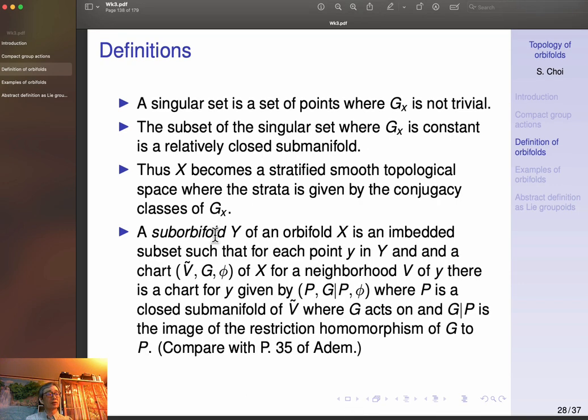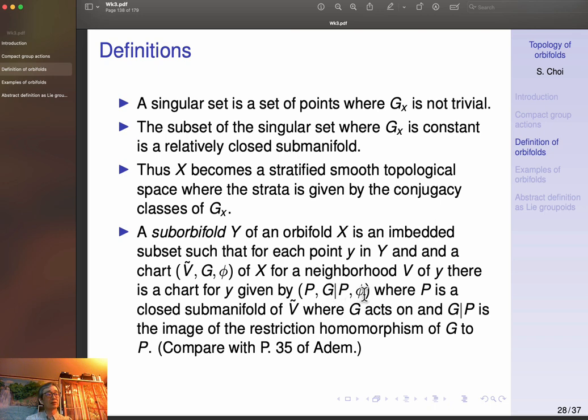So now we define what a suborbifold is. A suborbifold Y of X is an embedded subset such that for each y in Y, there's a chart for X in a neighborhood V of y, where there's a chart for the suborbifold Y given by (P, G_P, ψ|_P).